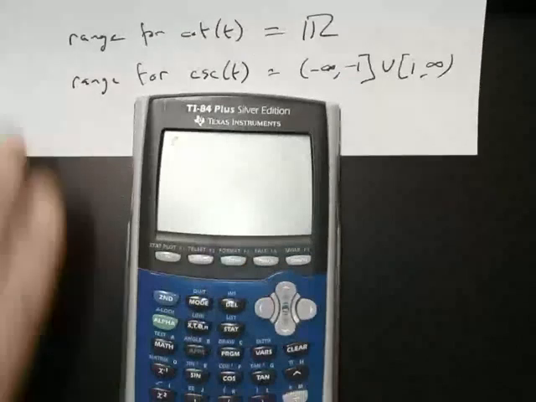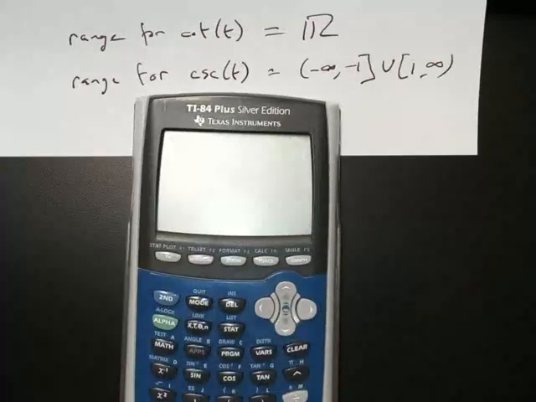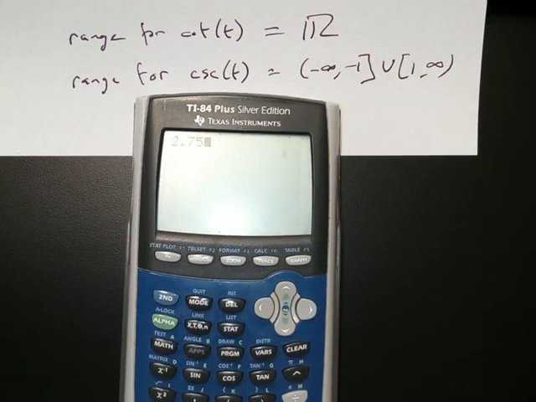Because down here, I've got a sine button, I've got a cosine button, I've got a tangent button. And I don't care what number you give me. Let's do the cosine of 2.75. Let's do the sine of 2.75.